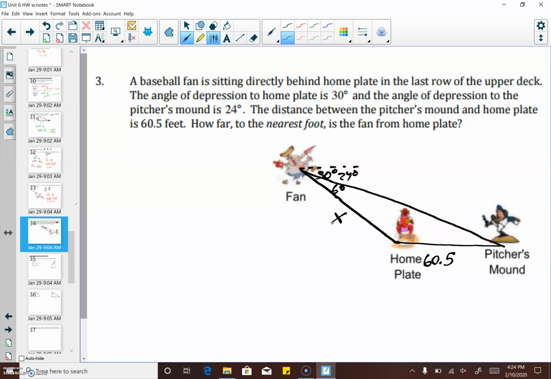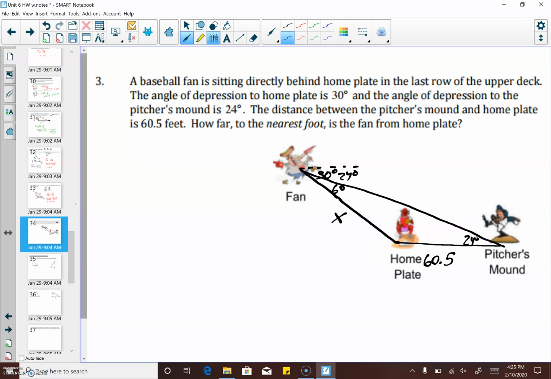Well, it seems kind of like we're out of options here. However, we do know that between our horizontal sight line up here, we have our transversal, that's parallel to our home plate and pitcher's mound.